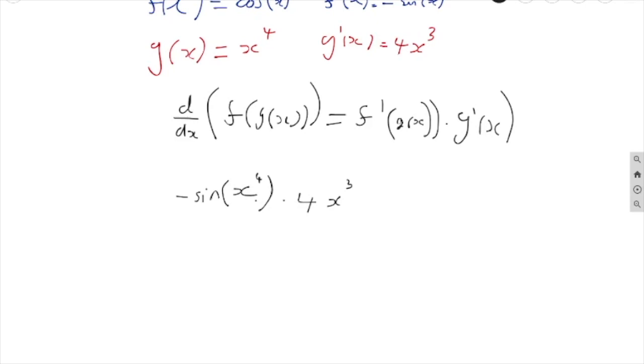We can rearrange a little bit for the sake of neatness to minus 4x cubed times sine of x to the 4.